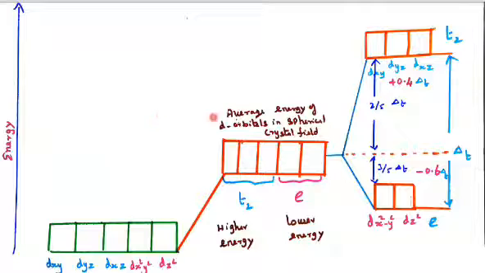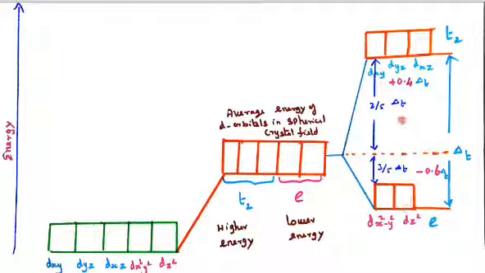They split into two, T2 and E. But T2 in tetrahedral goes to the higher energy and E is at lower energy. The repulsion shows that when it is closer, it goes to higher energy. So here T2 is in higher energy and E in lower energy.